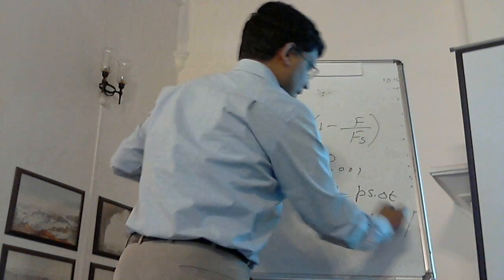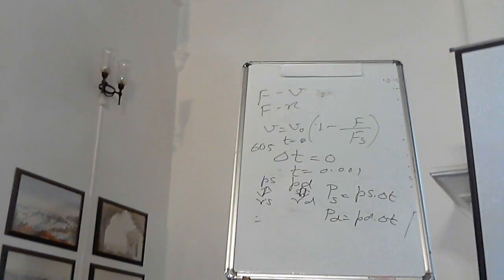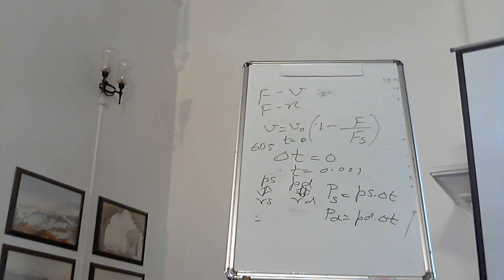So you see, in my older method, every time step I was checking whether PS will happen or PD will happen. Here I will take the rates of stepping and detachment, RS and RD. Using those rates, I will calculate at what time my next event will happen, whether it will be a detachment or stepping, I don't care.